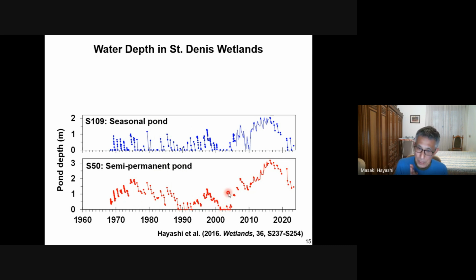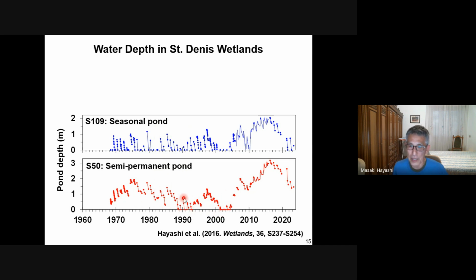One key point of this lecture is that for understanding the hydrology and ecology of systems like this, the wetlands in semi-arid regions such as the northern prairies and Chihuahua, you've got to have a long-term view. Maybe 10 years is not enough.